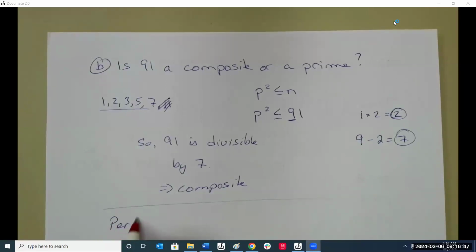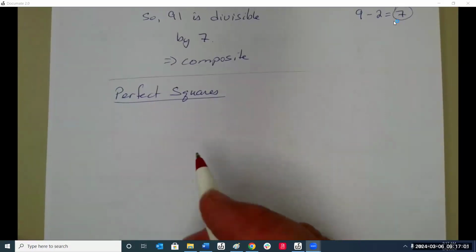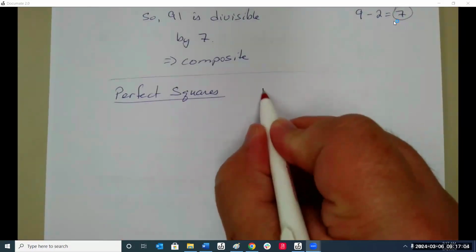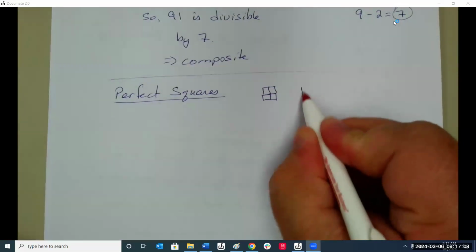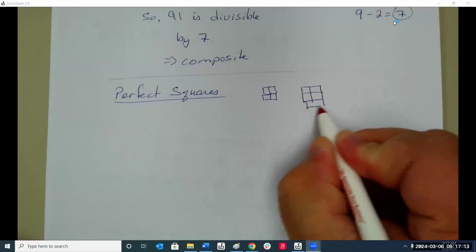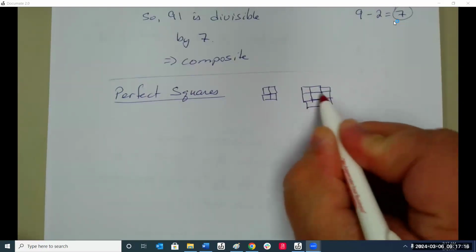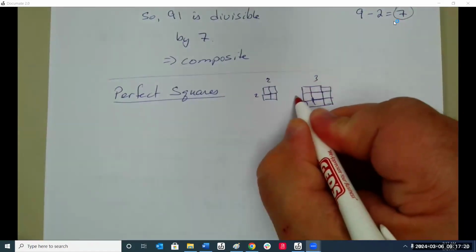What are perfect squares? In elementary school, we could also teach this, because what is a perfect square? What is a square? You have the same number of rows and columns.